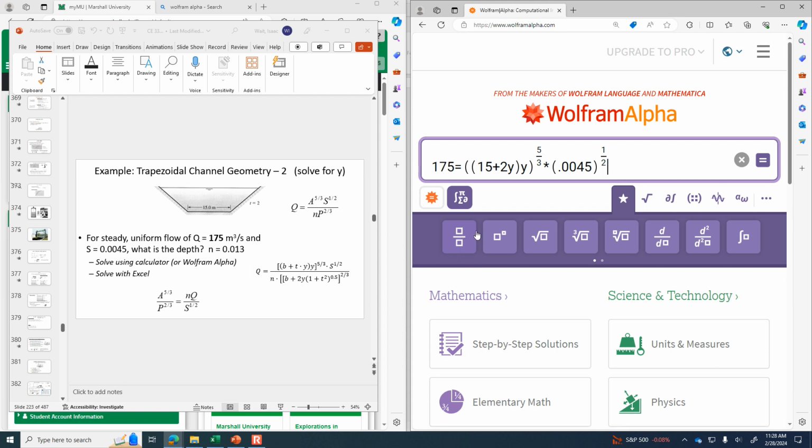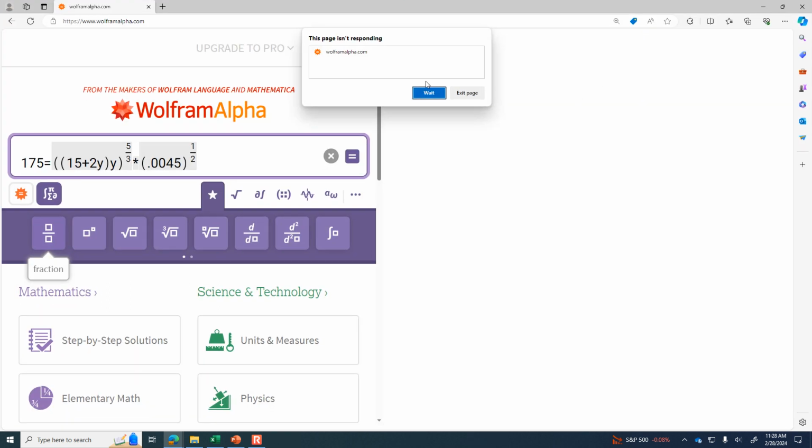Oh, no, that's not what I want. I think I maybe have to select it all, and then I can tell it to divide by. That didn't do it. Oh, I seem to have locked up the window here. Not responding.